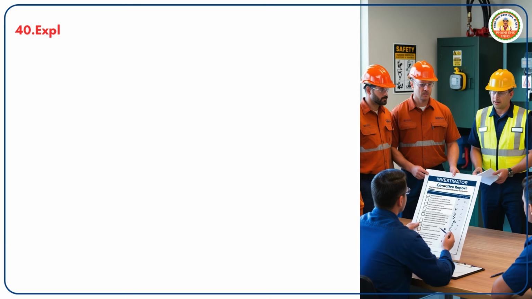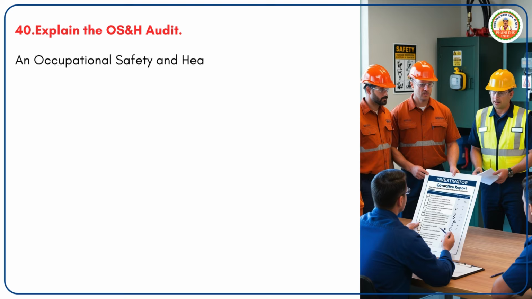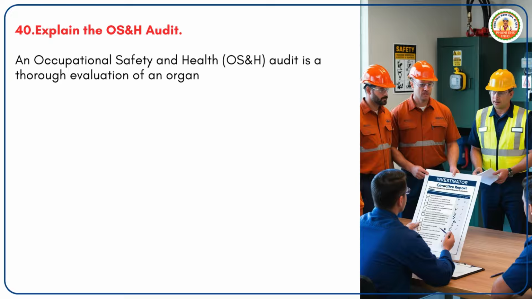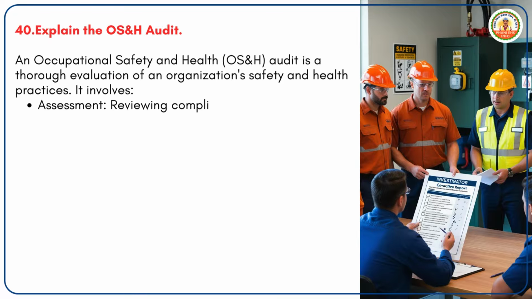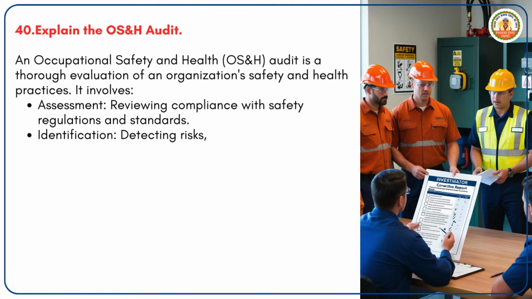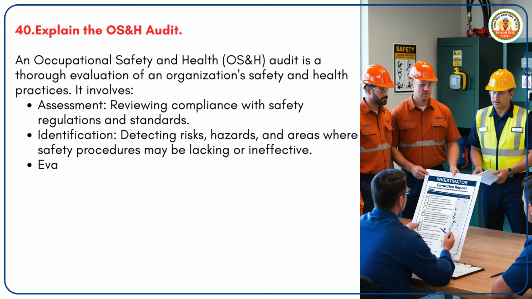40. Explain the OS&H audit. An occupational safety and health (OS&H) audit is a thorough evaluation of an organization's safety and health practices. It involves assessment, reviewing compliance with safety regulations and standards. Identification, detecting risks, hazards, and areas where safety procedures may be lacking or ineffective.